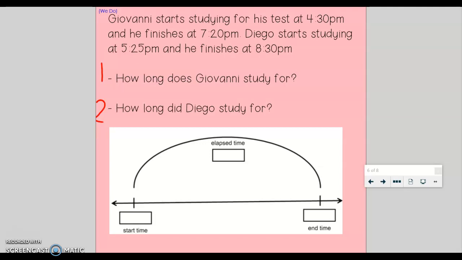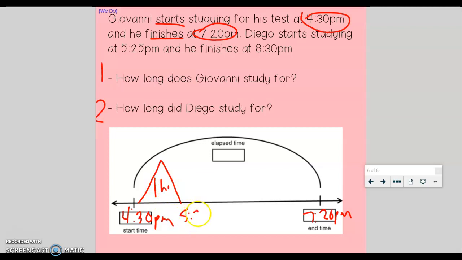So what do we know about Giovanni? He starts studying at 4:30 p.m. Start, 4:30. And then the word finishes tells me that he ends his studying time at 7:20 p.m. So I have a start and an end time, so this means I'm going to do my jumps to find out how much time it took him to study. 4:30, can I do an hour jump? 4:30 plus 1 hour would be, that's right, good job, 5:30.